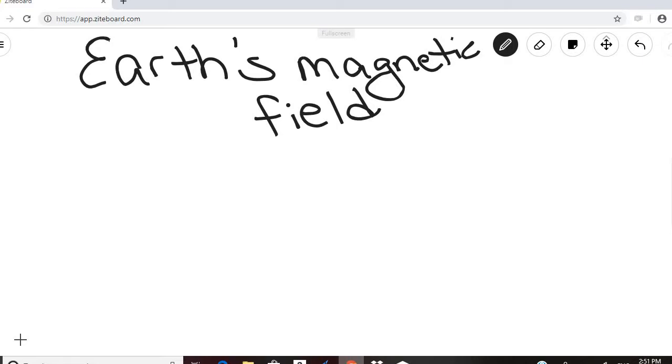So if we place the North Pole of a magnet, it's going to be attracted to the South Pole of Earth's magnetic field, and the South Pole of Earth's magnetic field is actually magnetic north. That can be a little bit confusing, but just think about the definition of magnetic field lines.